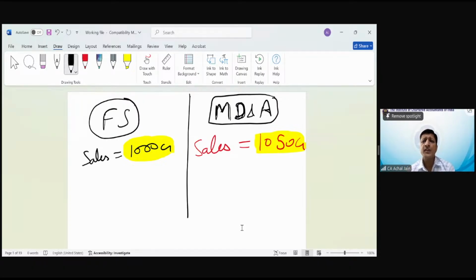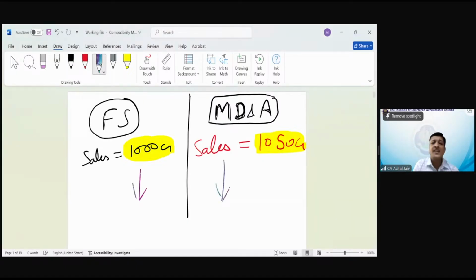There will be a confusion. Yes or no? It will lead to a confusion. Correct? So will you get confused or not? Shreya says yes. And due to this confusion, now your reliance on the financial statements may go down.